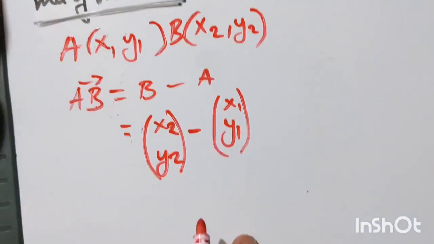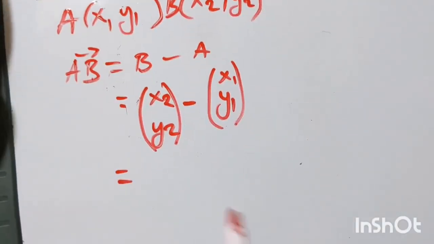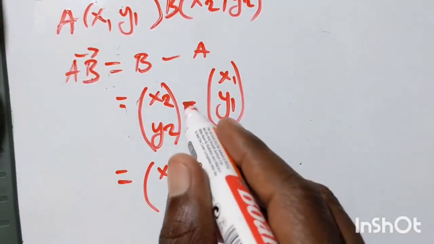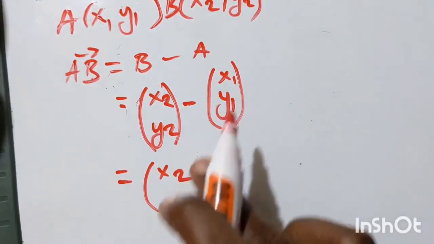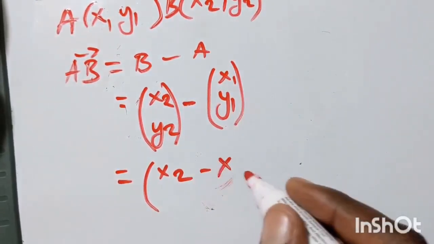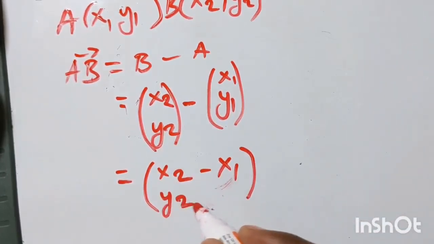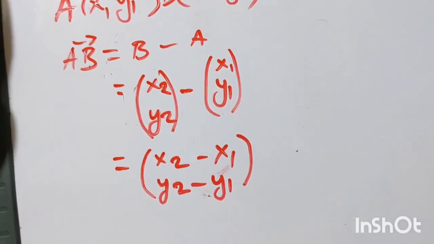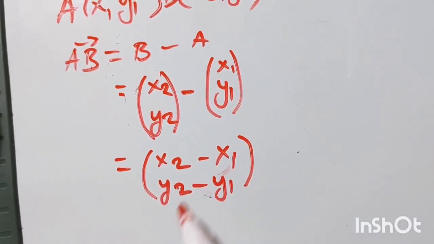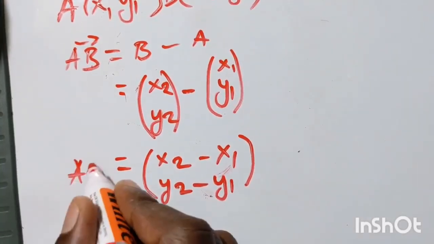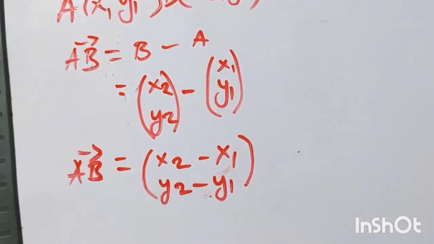If we are trying to find the vector, we say x2 minus x1, then y2 minus y1. That is what we do. So this is how we find the vector AB.